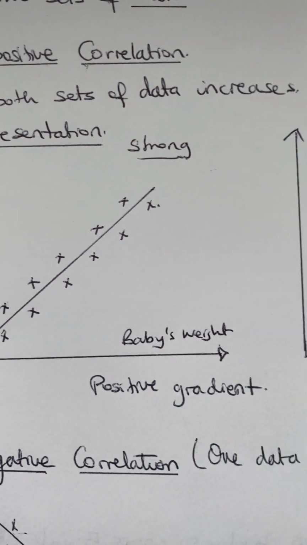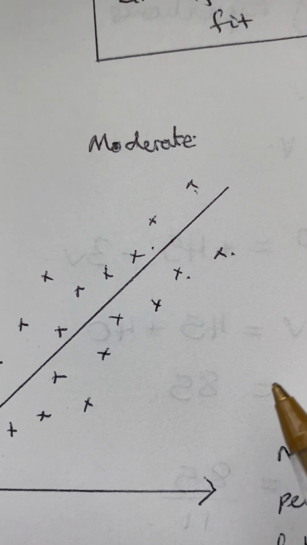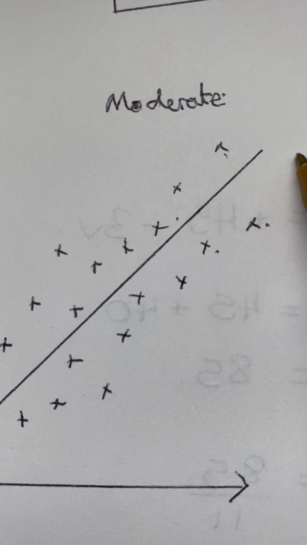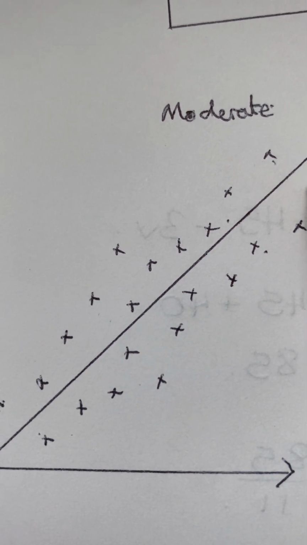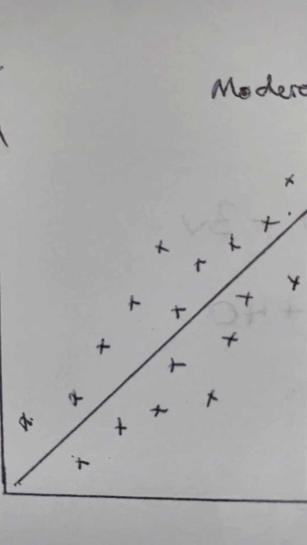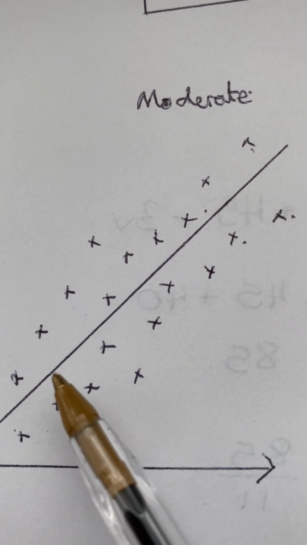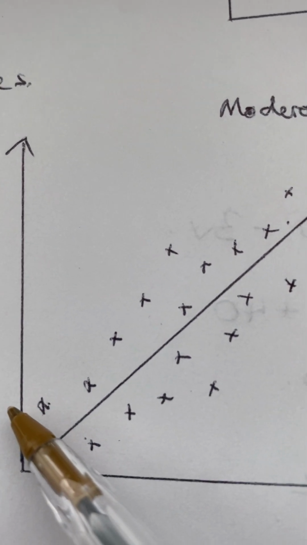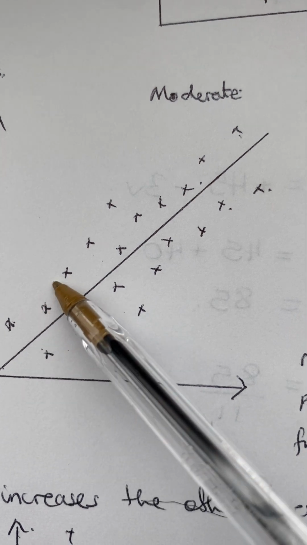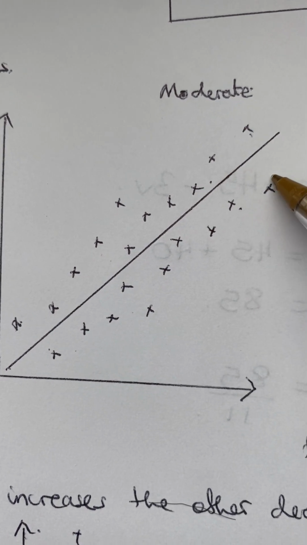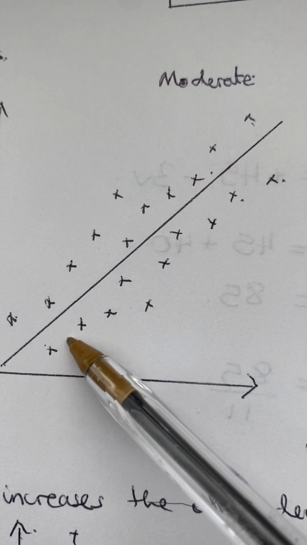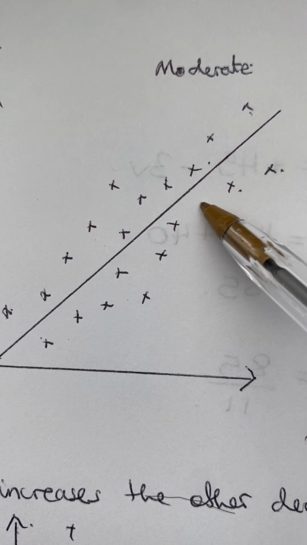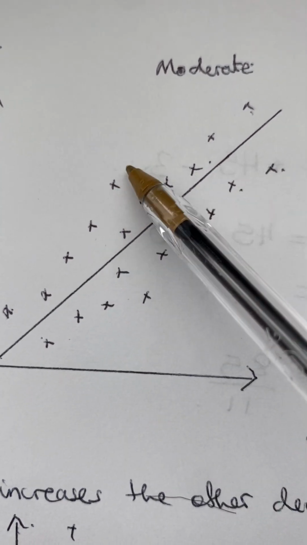There is another type of positive correlation, going in the positive direction, where both data are increasing, but they are a bit far away from the line. If I draw my line this way, I leave all these points behind, and if I bring the line that way, more of the points will be at the top.